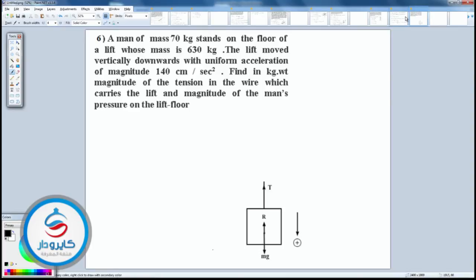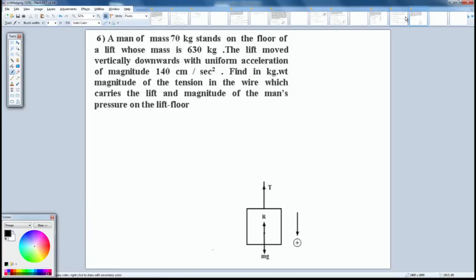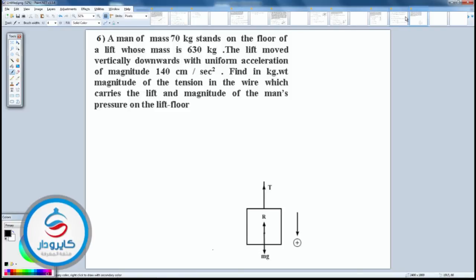The lift moved vertically upwards with uniform acceleration of magnitude 140 centimeters per second squared. Find in kilogram weight the magnitude of the tension in the wire which carries the lift and the magnitude of the man's pressure on the lift floor. Solution.